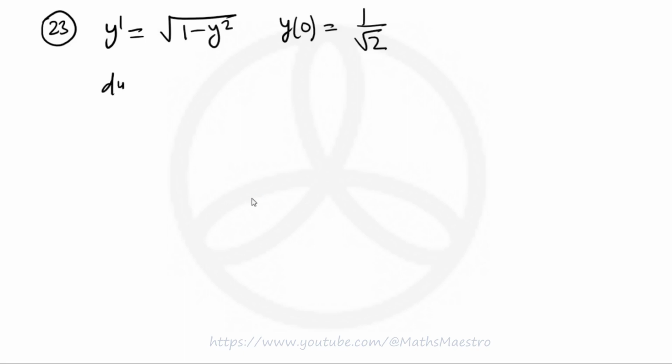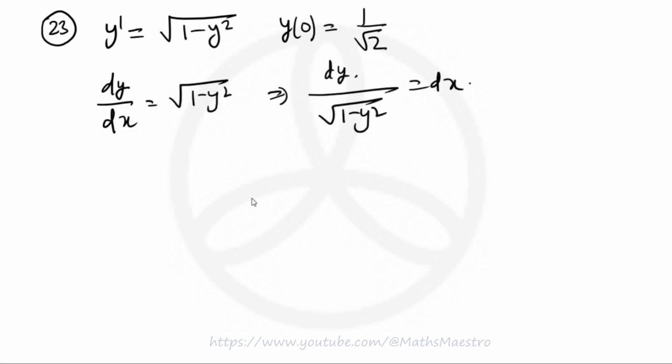So first of all, I'll write this and segregate it along with the variables. Here I'll assume y is equal to sine theta. This will give me dy is equal to cos theta d theta. Substitute dy here and y at this place.